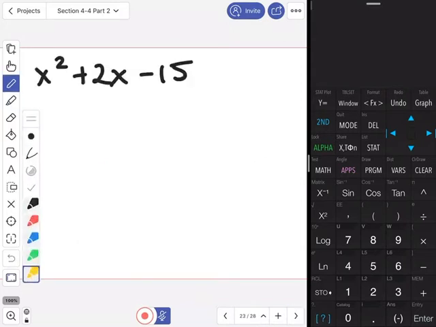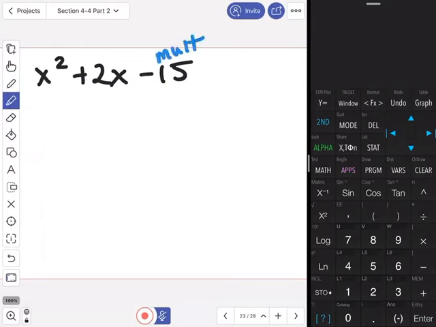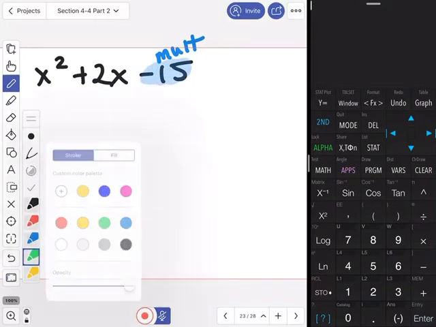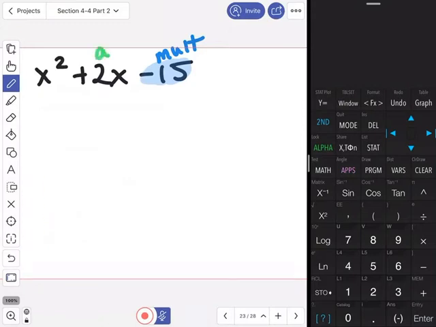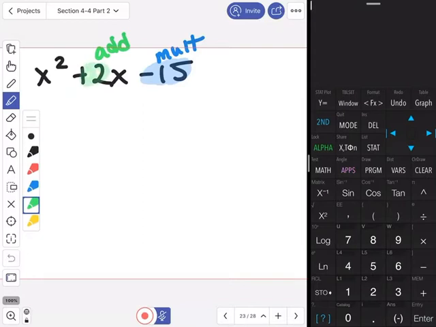So for our first example, we have to find all the numbers that multiply to negative 15 and add to the value of B, or positive 2.